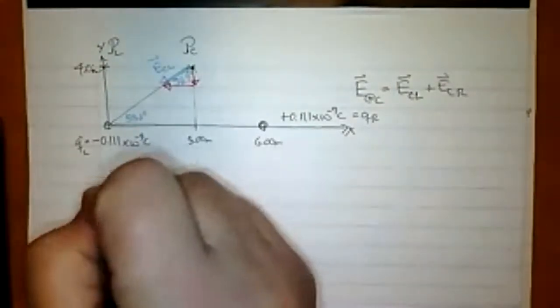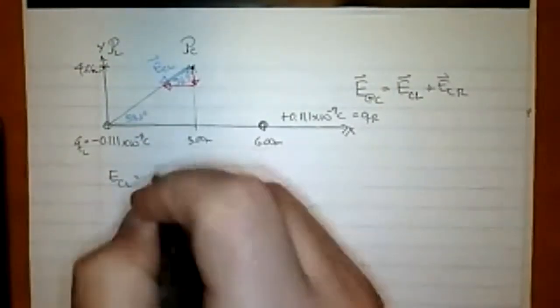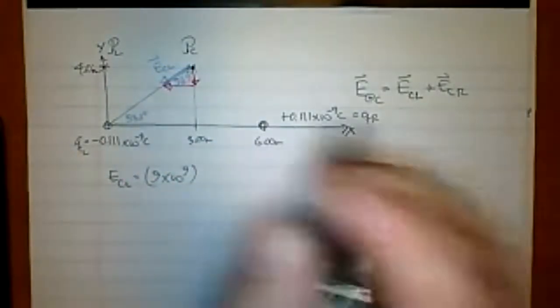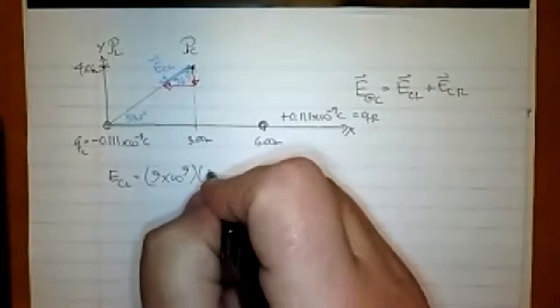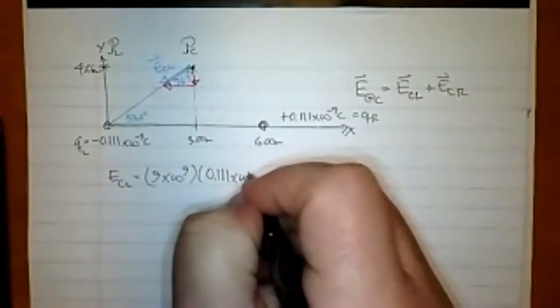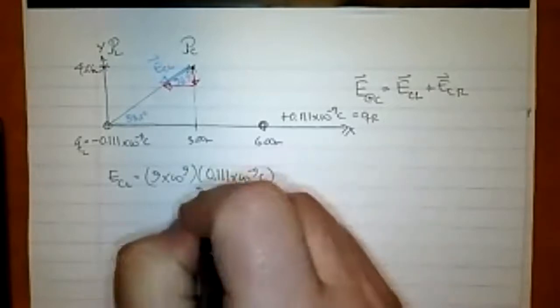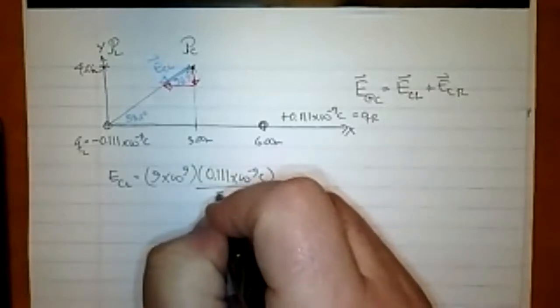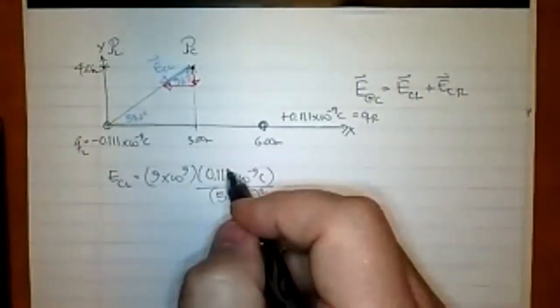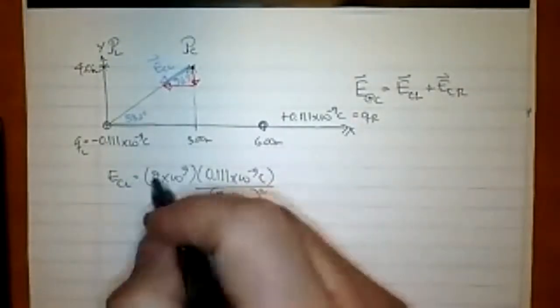So ECL is just equal to 9 times 10 to the 9th, and we'll leave off the units again, times, again leaving off the negatives too, 0.111 times 10 to the negative 9th coulombs. And this will all be over 5.0 meters squared. You can see this cancels out with this.